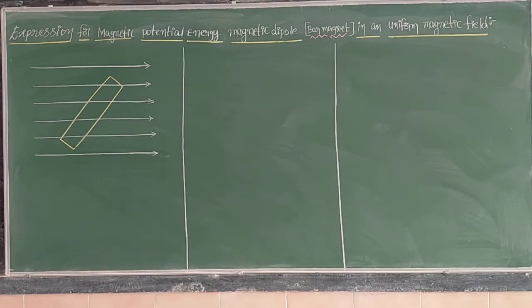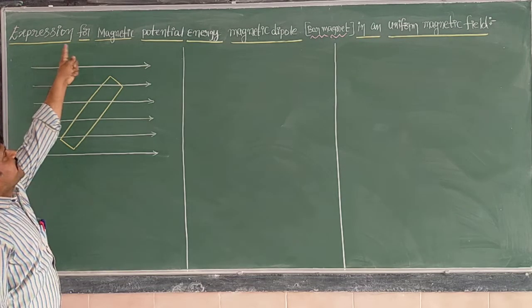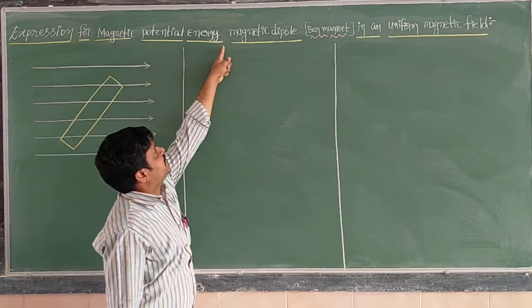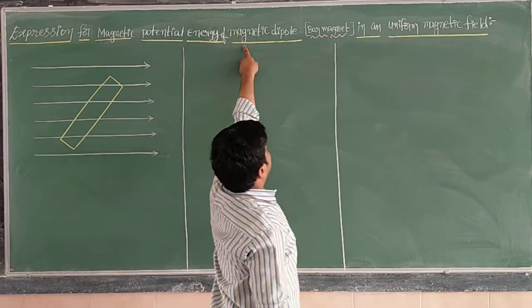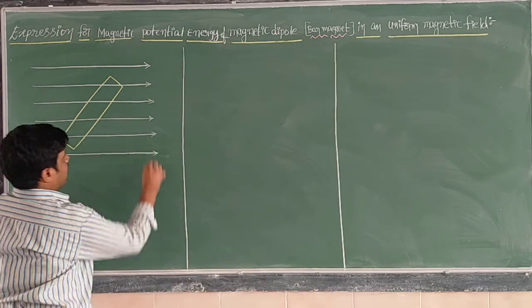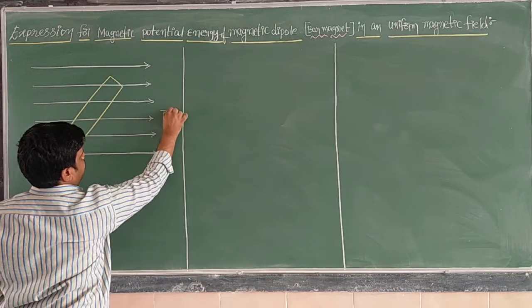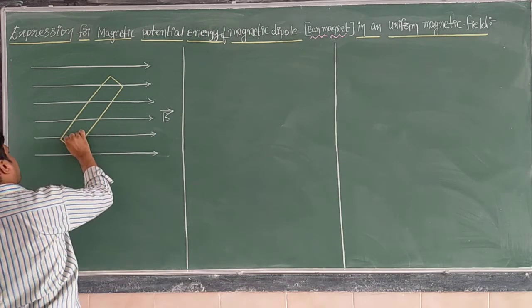Right. Dear students, look at here. Next topic is the expression for magnetic potential energy of a magnetic dipole. Magnetic dipole means a bar magnet in a uniform magnetic field. Now see, this is the uniform magnetic field in which I am going to take one bar magnet.